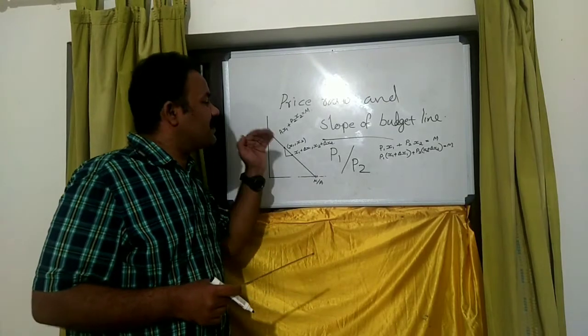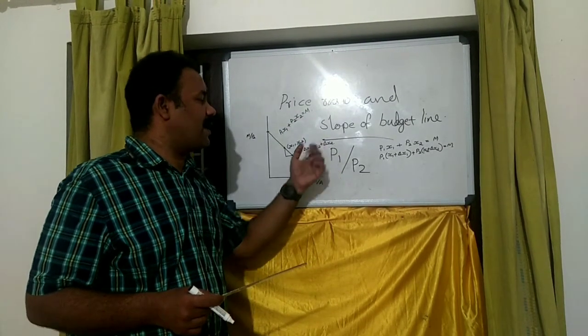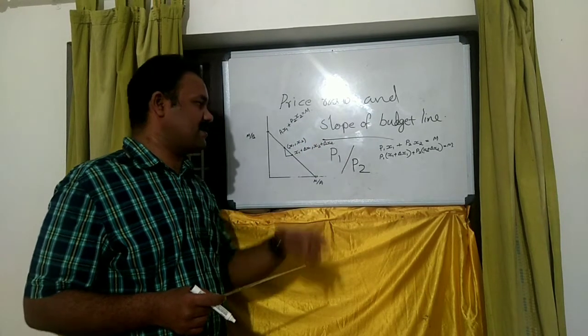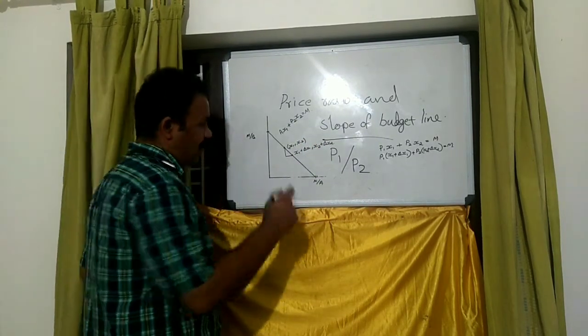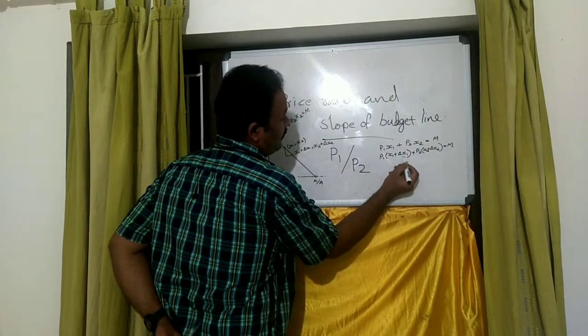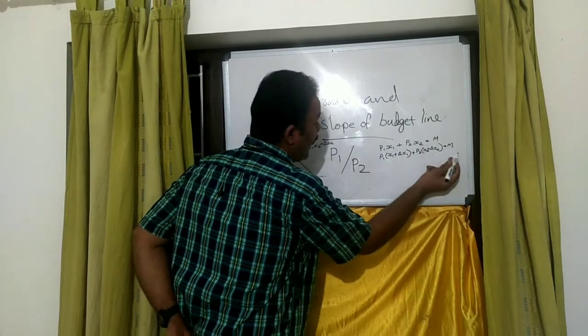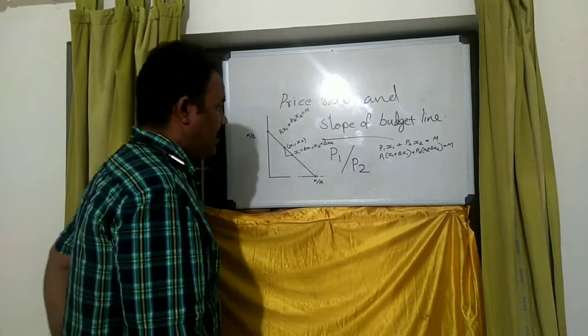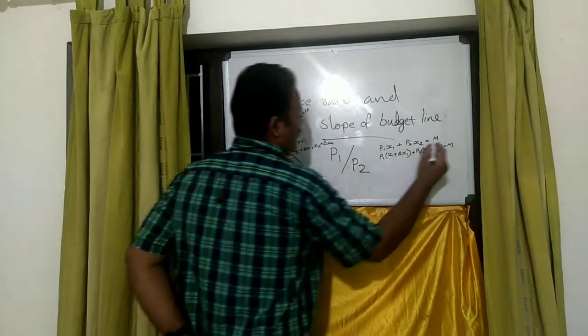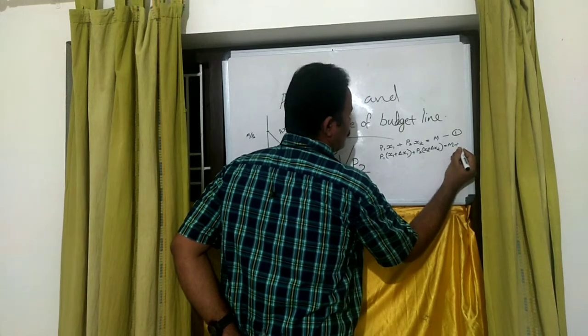And there is a change in commodity 2, that is x2, that we are representing by using delta x2. Then in this equation we are including the change in commodity 1, that is delta x1, and the change in commodity 2, that is delta x2. Okay, we can take this equation as 1 and this one as 2.